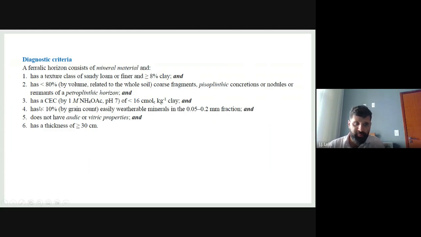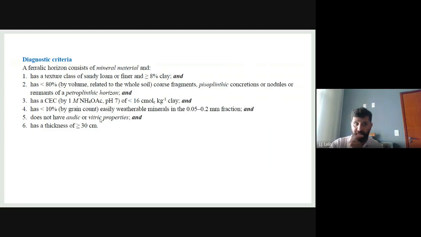It should not present andic or vitric properties. Andic and vitric properties are related to materials that come from fresh volcanic ash and volcanic materials. They possess allophanes and other poorly crystalline minerals.